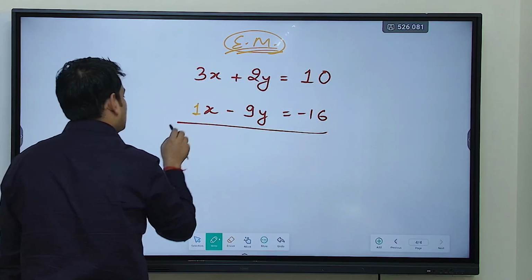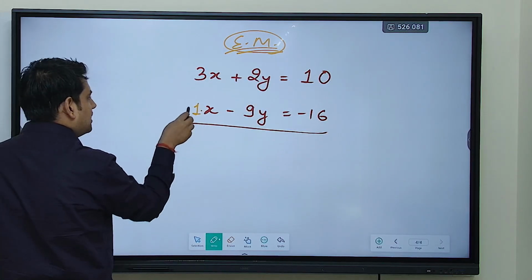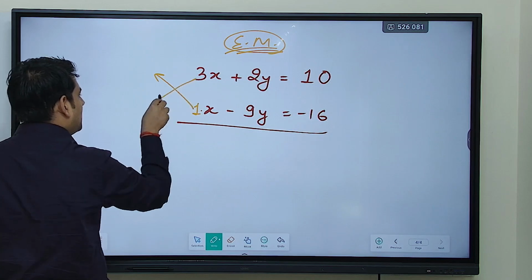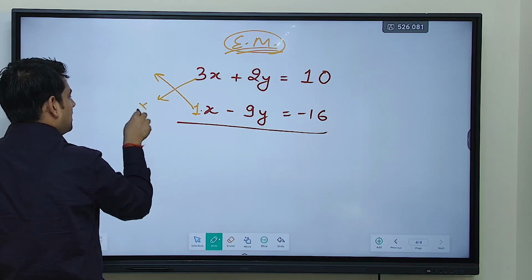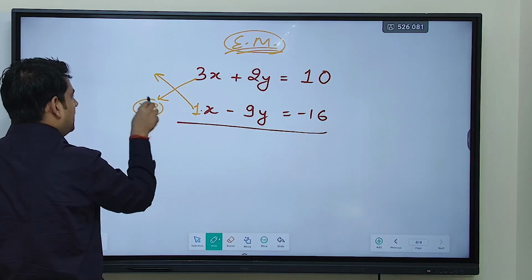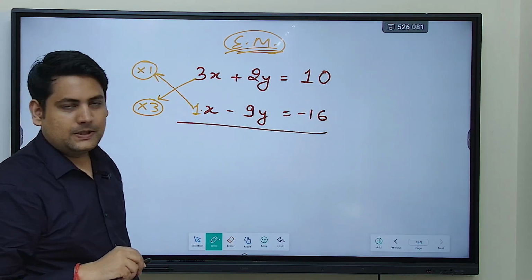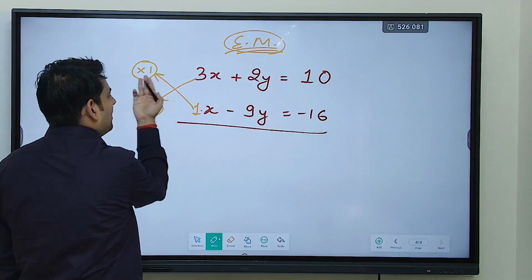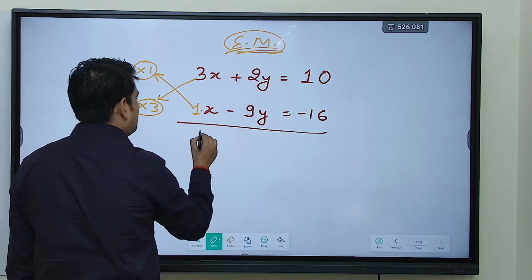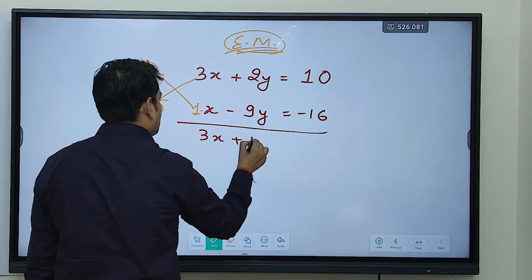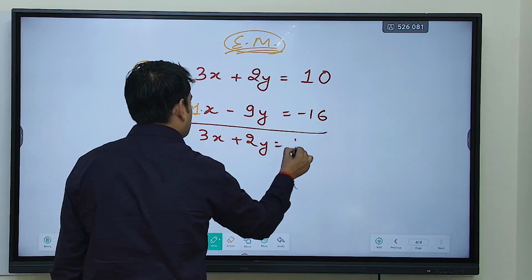So you do this thing. If nothing is written, 1 is written. You just simply multiply and cross like this. So this equation gets multiplied with 3, this equation gets multiplied with 1. That's it. Now you multiply them. Multiplication by 1 will give you the same equation, that is 3x plus 2y is equal to 10.